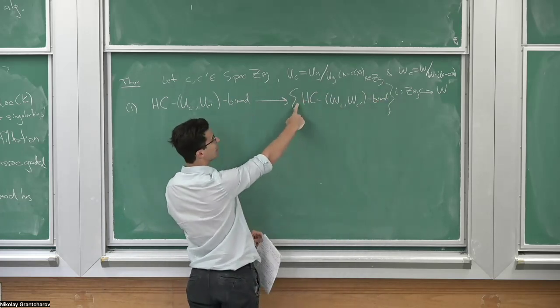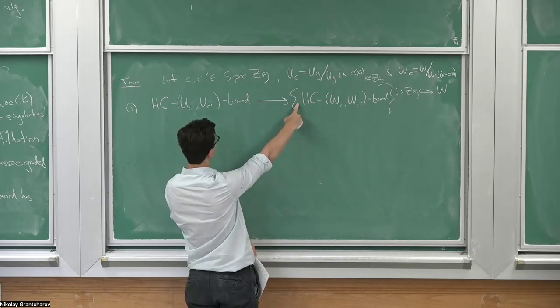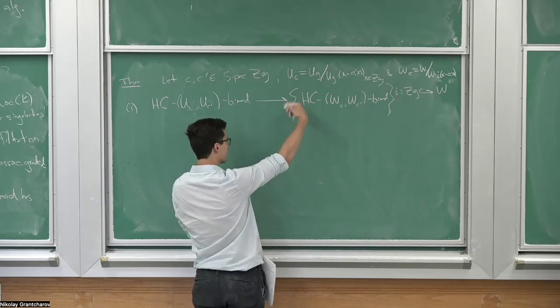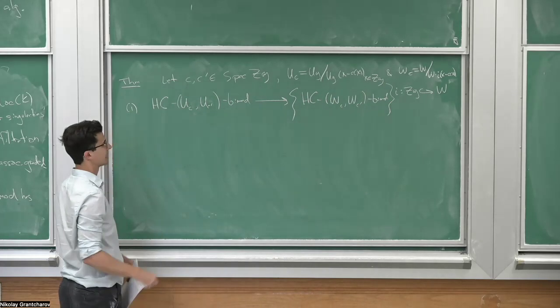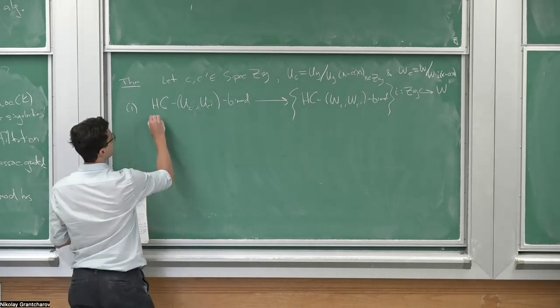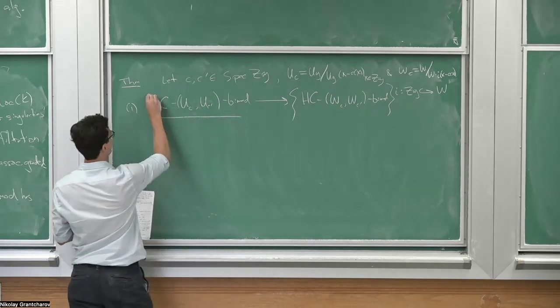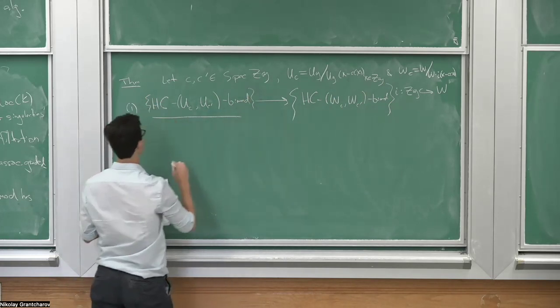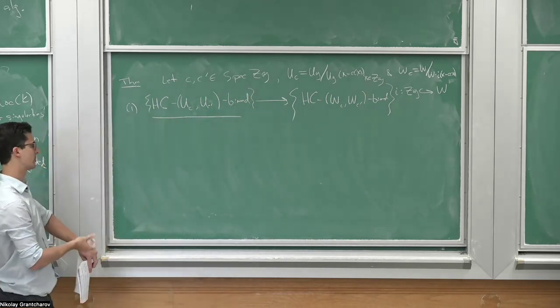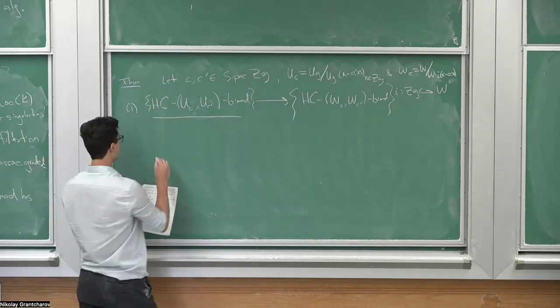If you want to put weak here, you can, but it is actually a theorem that it lands in the full subcategory. And then here, I'm going to mod out by the category generated by Harish-Chandra bimodules with some support constraint.